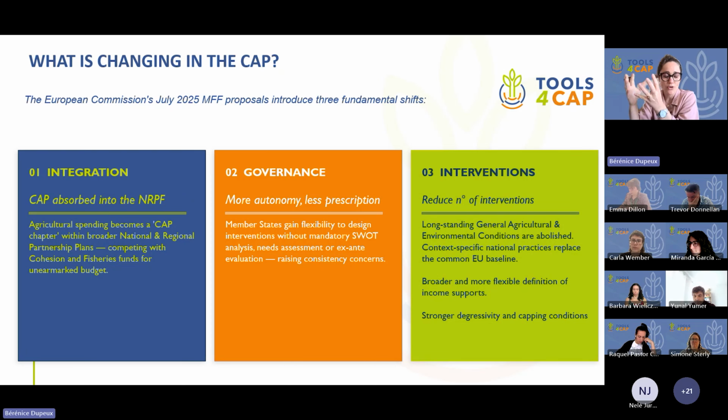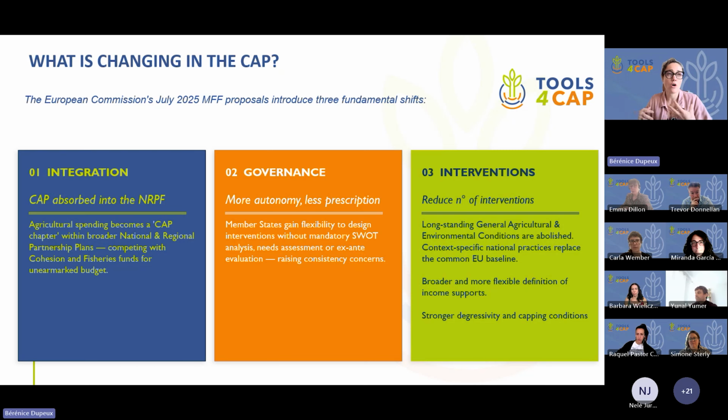However, not all such interventions are fully financed by the EU budget. Actually, only degressive area-based income support, capital income support, and crop-specific payments do not require co-financing. So this will change a bit the mechanics of how to think about financial allocations.